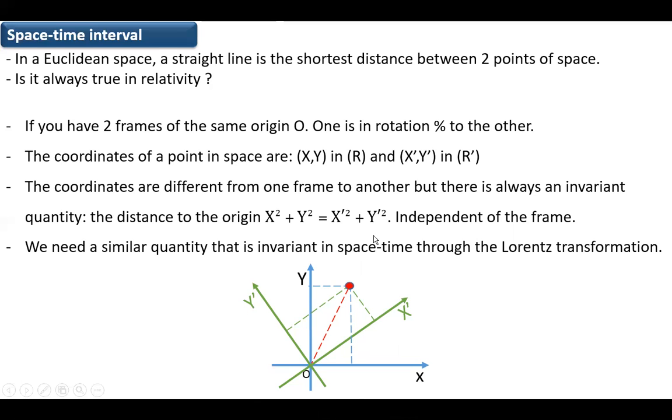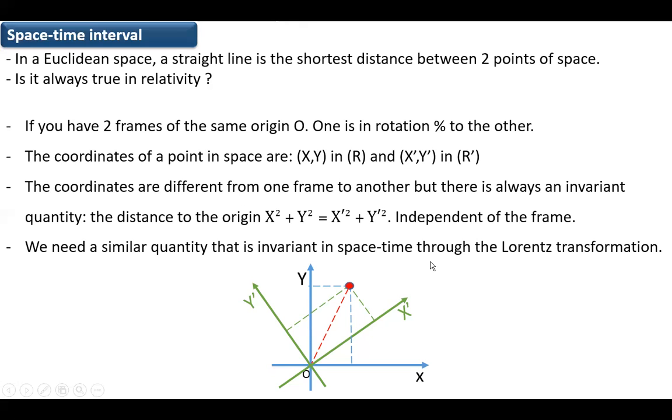If you take a point in space, which is this red dot, it has two different sets of coordinates. In the first frame, the blue frame, it has coordinates x and y. In the green frame, it has coordinates x prime and y prime.